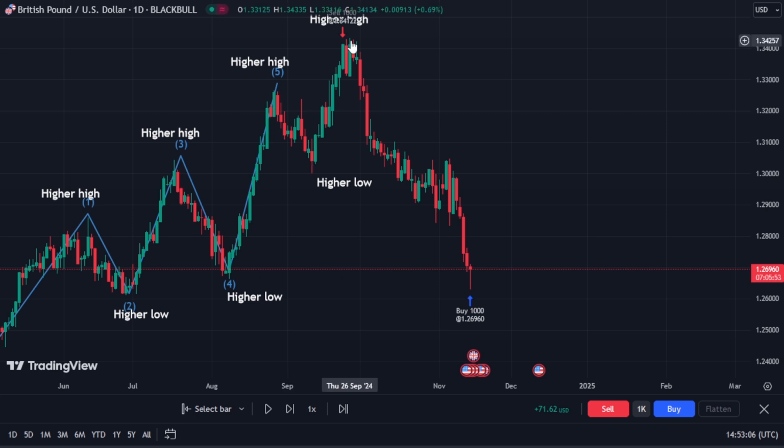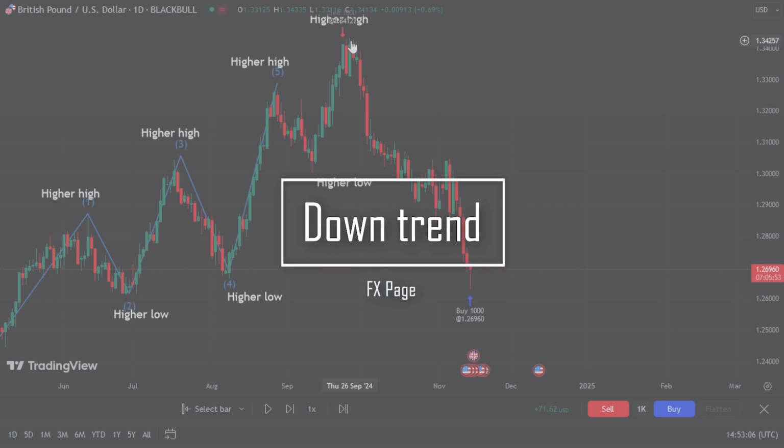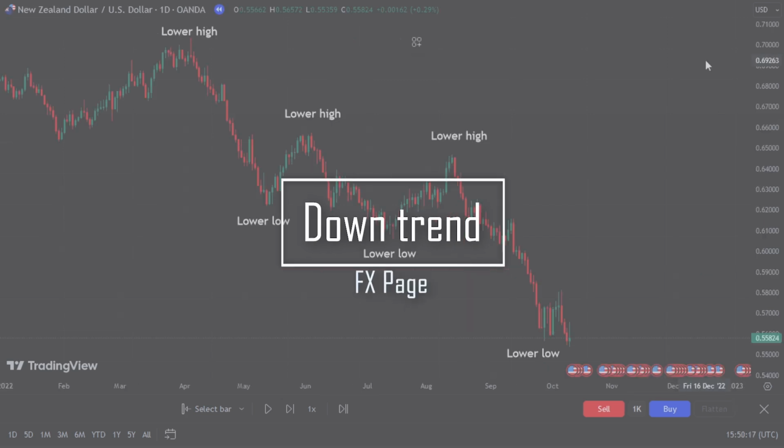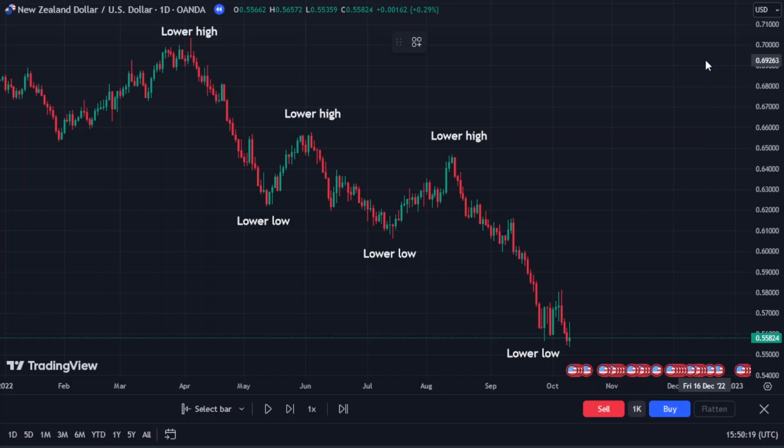So let's look at a downtrend. If you look at this market environment, you can see that this is clearly a downtrend. And you can tell that by this lower high and this lower low, lower high, lower low, lower high, lower low that are being formed.